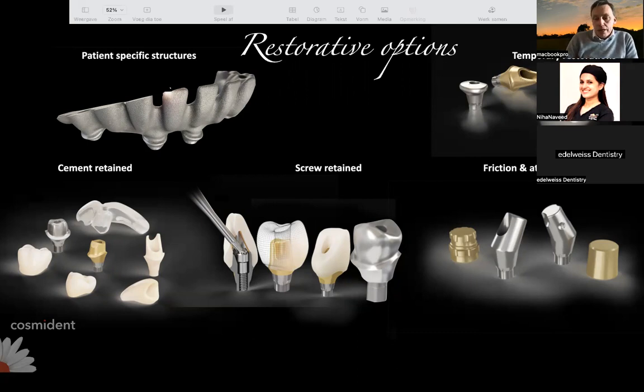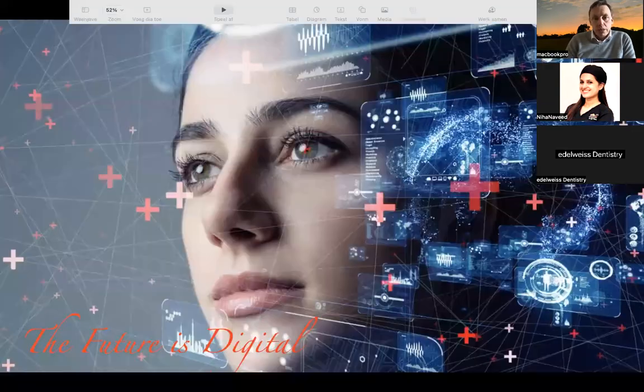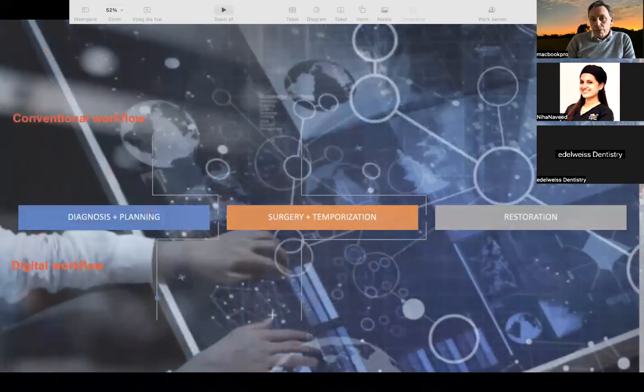You can choose screw-retained restorations, cement-retained restorations, temporary restorations. You can go for anatomic restorations made on custom-made abutments. You can work on Ti-base restorations, which exist for very different implant systems. And that's then the way.